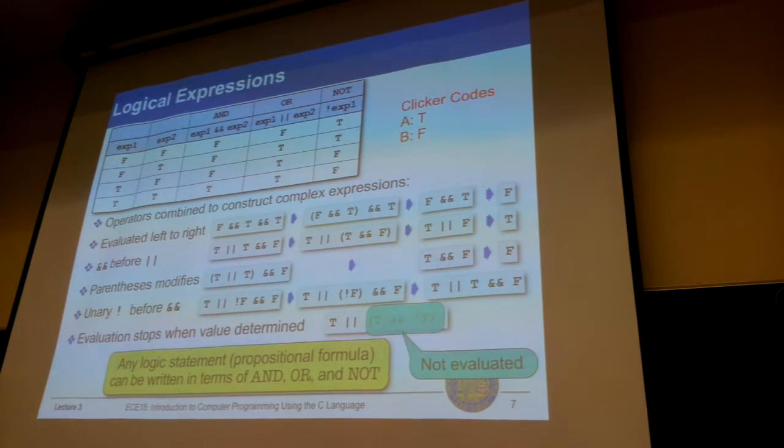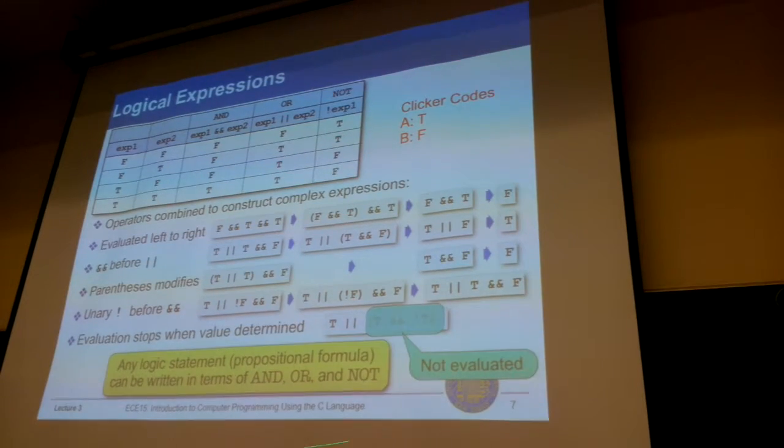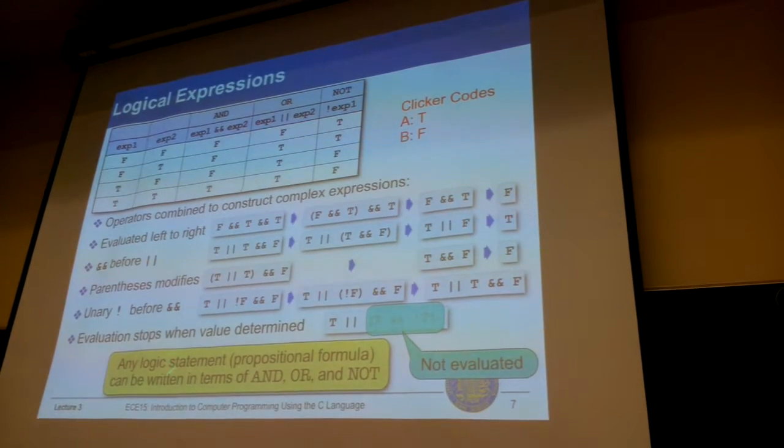So it turns out that any logic statement can be written in terms of and, or, and not. So this is a complete set of operators for doing logical calculations. When you're using these logical operators, obviously you have these true-false values.